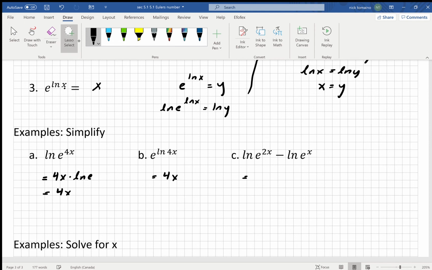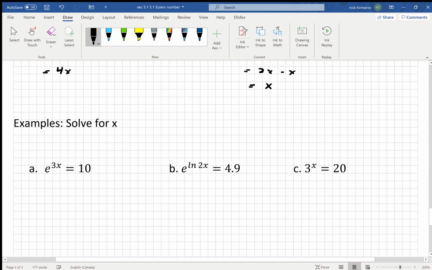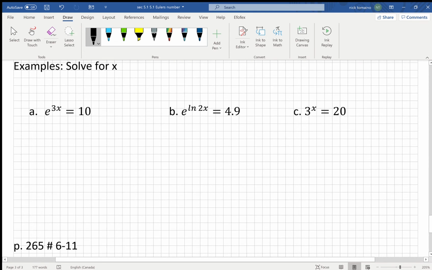And the last one, we're going to bring this up front. So this is 2x ln e minus x ln e, which is just 2x minus x, which equals x. Perfect. Okay, now our last set of examples, just have an exponential equation, base e, and we're going to solve.